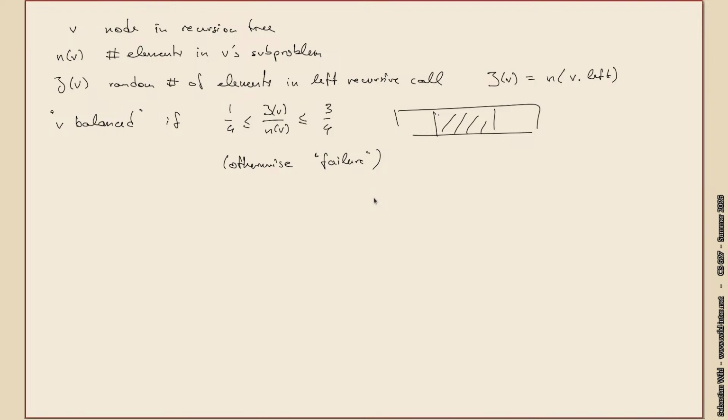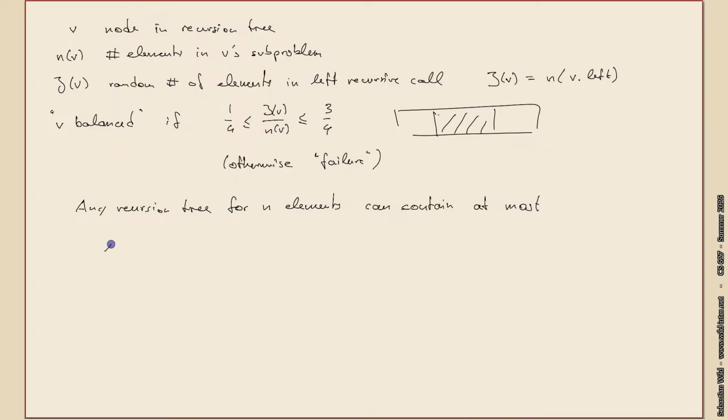The key observation is if you have a recursion tree for n elements in the beginning, and you look at any path, then you cannot have arbitrarily many balanced nodes on this path.